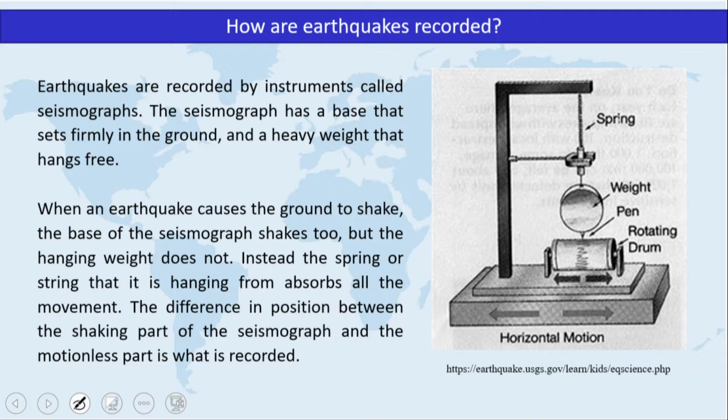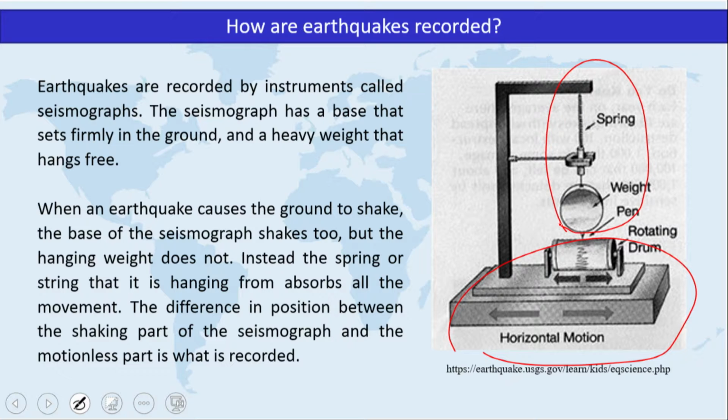If that rotating drum is fixed on the ground and the heavy weight is attached with a pen on a spring, or something which can absorb those motions, a steady mechanism, the drum will move back and forth because of the earthquake and draw the wave pattern.